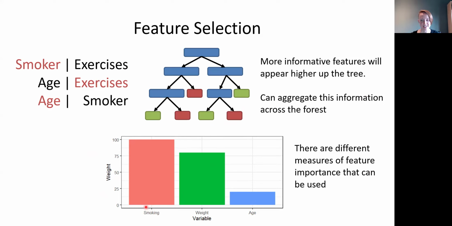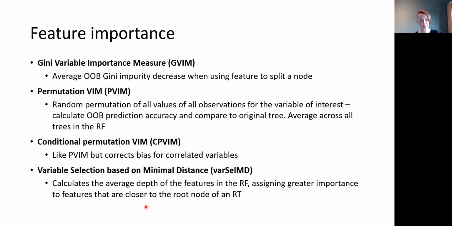There are actually a fairly large number of different measures of feature importance that can be used to try and figure out which particular predictors are most important. And so I will go through a few of these at fairly high level summarizations, just to give you an idea of some of the different approaches.